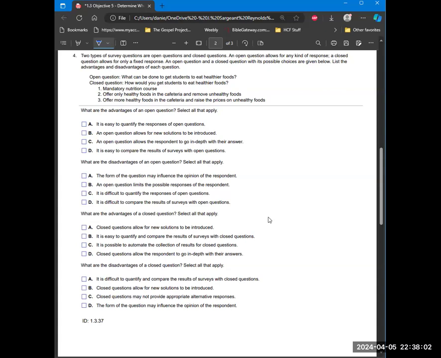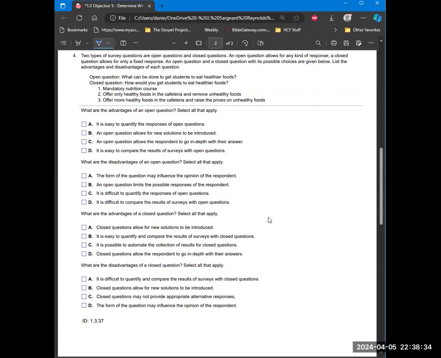A closed question would be something like, how would you get students to eat healthier foods? And then 3 options were given there of a mandatory nutrition course, offer only healthy foods in the cafeteria and remove unhealthy foods, or offer more healthy foods in the cafeteria and raise the prices on unhealthy foods. And you would assume that someone has to choose one of those 3 options there.